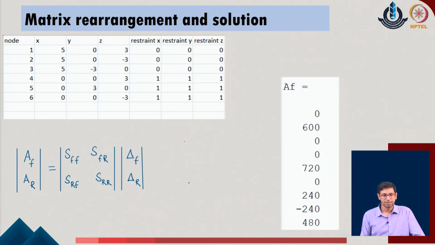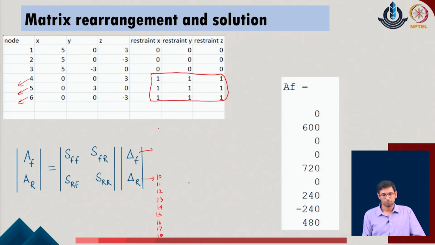We have already seen that in the given system these particular nodes are fully restrained, which means that corresponding to the node number 4, 5 and 6, we can consider that the degrees of freedom are restrained, and these are the degrees of freedom which will typically be written as 10, 11, 12, 13, 14, 15, 16, 17 and 18, whereas for the node 1 to 3, the degrees of freedom which are 1 to 9 are free in the given problem.